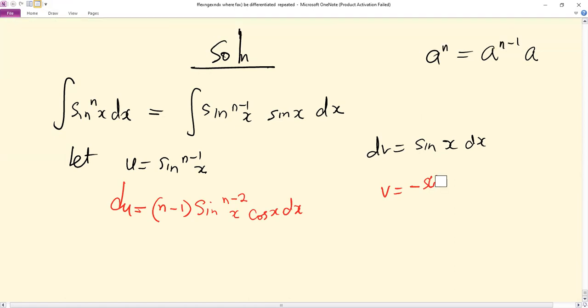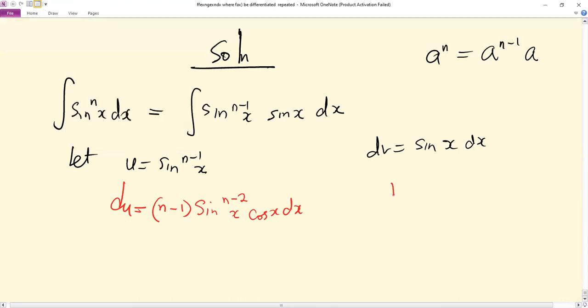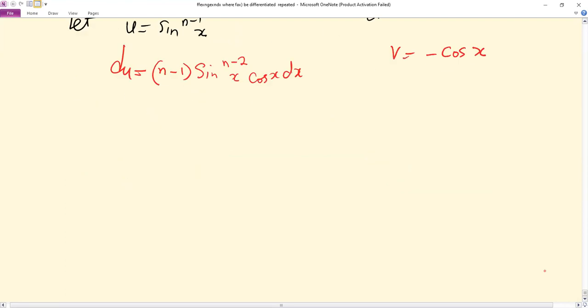You know that the integral of sine is a negative cos function. So we know that the integration by parts formula is the integral of u dv is uv minus the integral of v du.